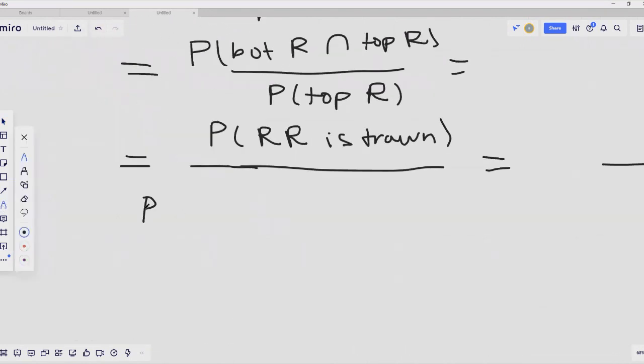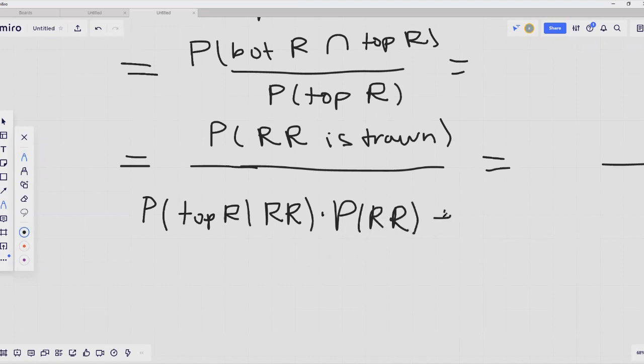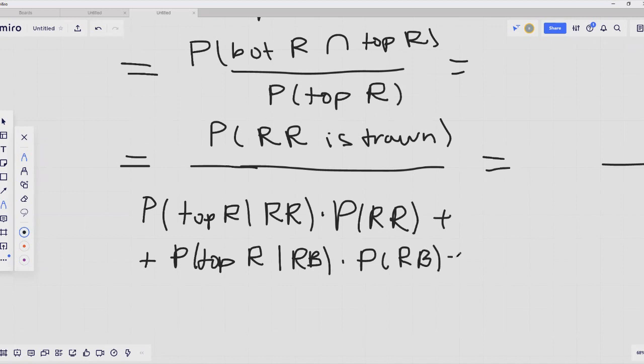So the probability that the top color is red given that the red-red chip is drawn, multiplied by the probability of the red-red chip being drawn, plus the probability that the top color is red given that the red-blue chip is drawn, multiplied by the probability of the red-blue chip, plus the probability that the top color is red given that the blue-blue chip is drawn, multiplied by the probability of blue-blue.